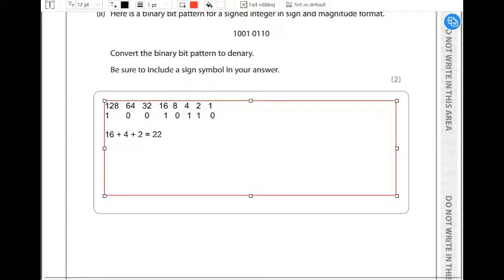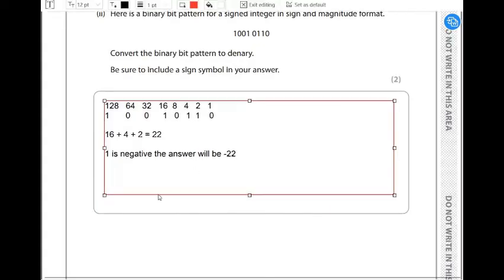But because we got the 1, because the 1 is negative, the answer will actually be minus 22, because the sign is a 1, which means it's a negative. Okay? So that is how we would approach an answer like that.